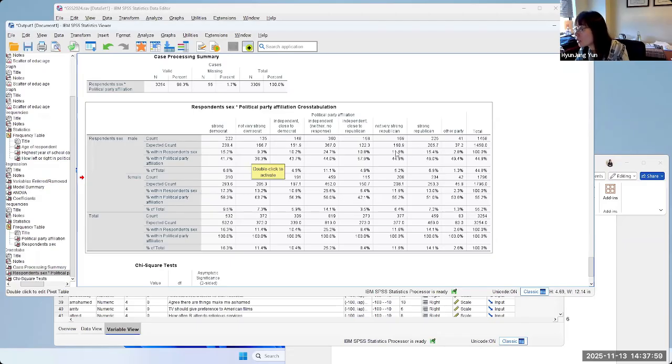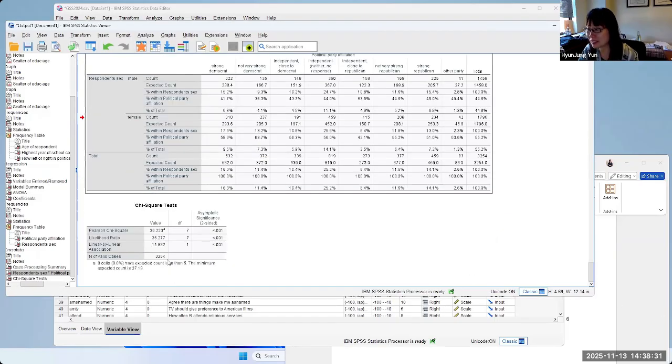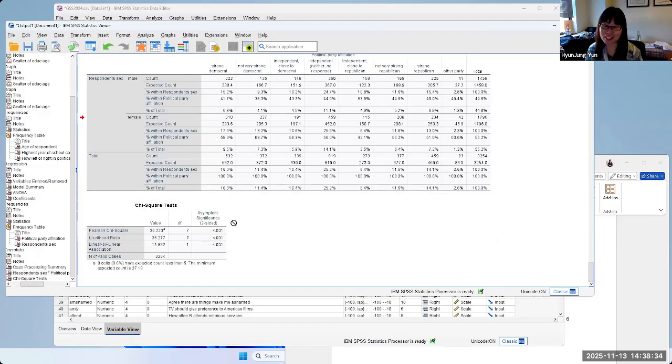Let's add the strong and weak Republican Party affiliated percentages. It's going to be 11.6 and 15.4, so 27% for the male. And then what about female? It's going to be 24. It seems like it's not that much, but with this large sample size, sometimes 2 to 3% is a big deal. It really comes from that. It is statistically significant, right? So that's the chi-square test. All right.